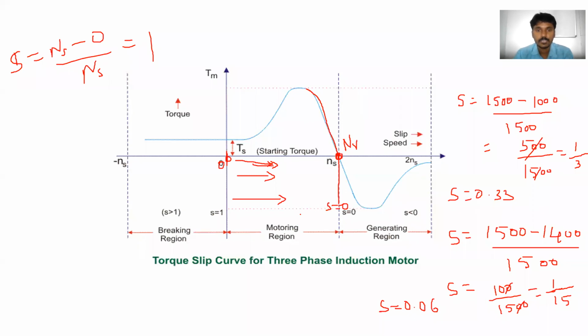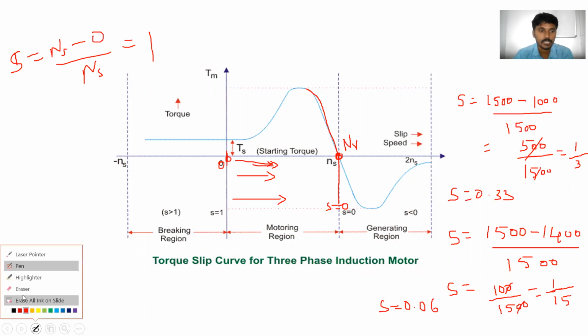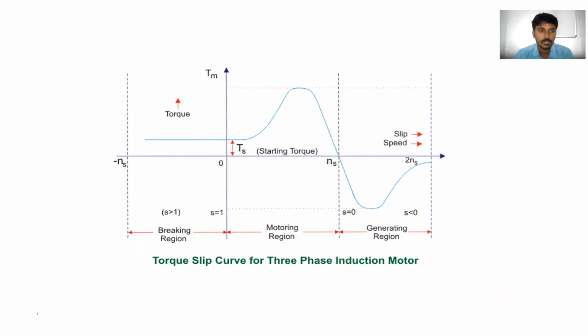Clear? Okay, next. After the synchronous speed, if the motor speed still increases, what will the slip be?